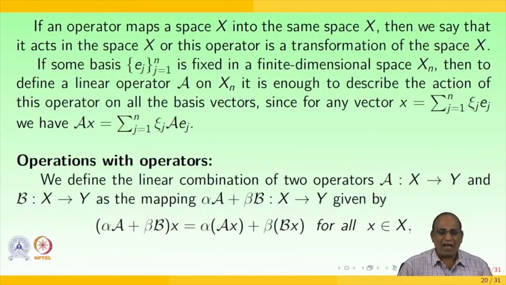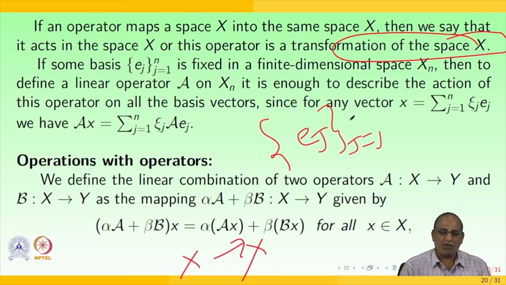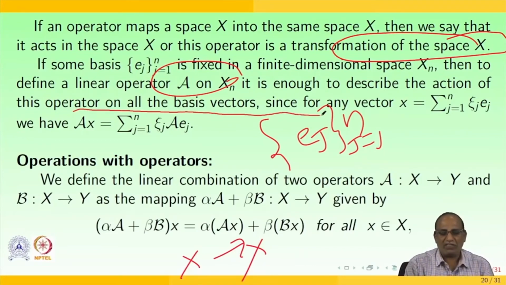If an operator maps a space X into the space X, then we say that it acts as a transformation of the space X. If some basis, that is e_j, j equal to 1 to n, is fixed in a finite dimensional vector space X, to define a linear operator A on X, it is enough to describe the action of this operator on all basis vectors.